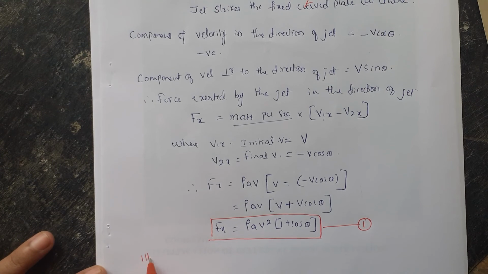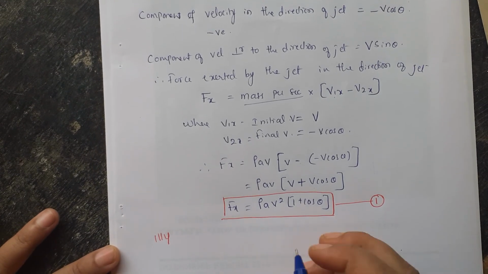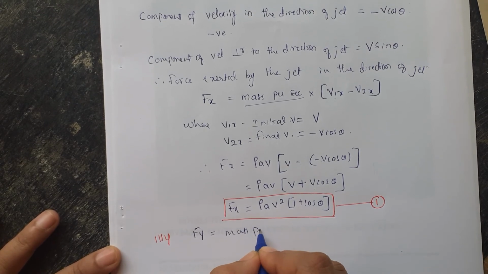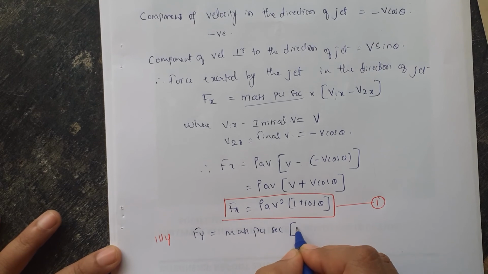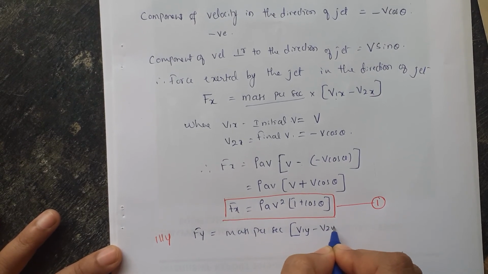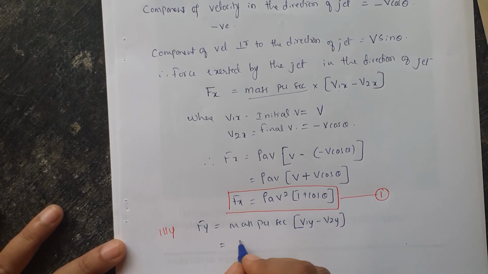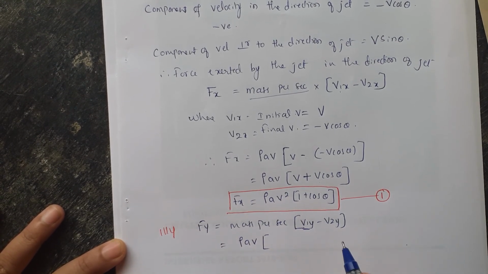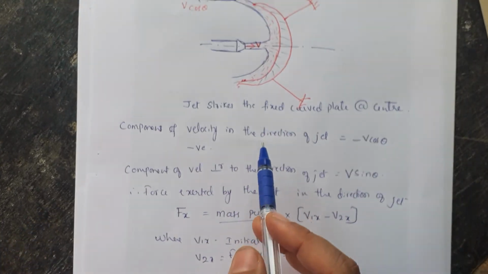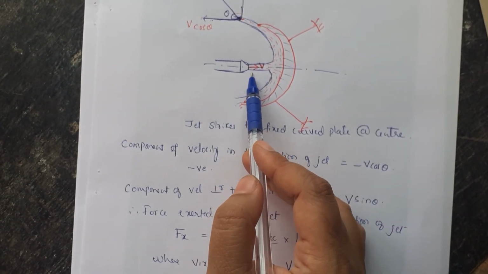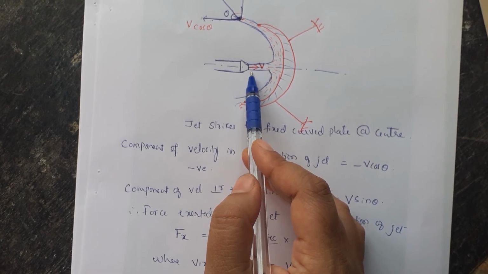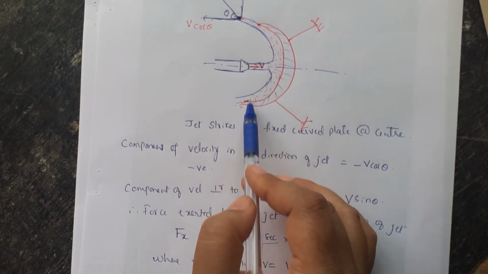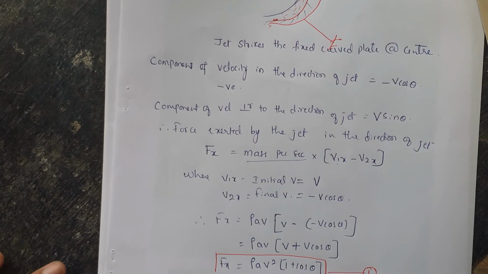Similarly you can write Fy is equal to mass per second into (v1y minus v2y), in which mass per second is rho into a. v1y is nothing but what? 0 at the initial, that is v1y is the initial velocity in the direction of y. Is there any velocity in the y direction? No, hence it will become 0.